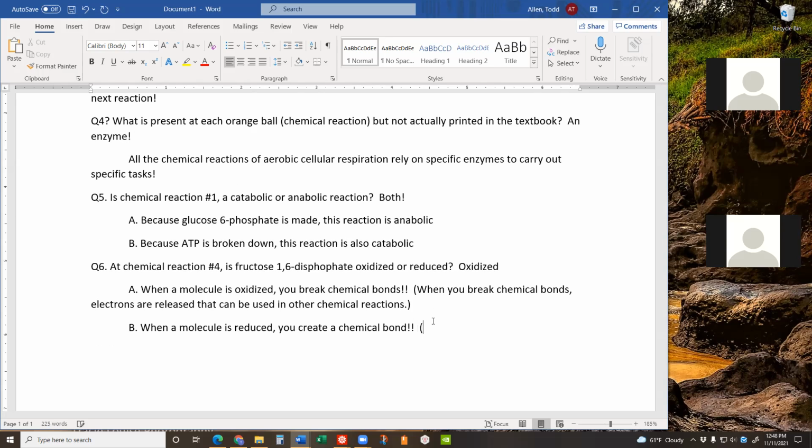For a chemical bond to be created, you need to provide a source of electrons to be part of that bond. Well, where are you going to get these electrons? Typically, you get it from another molecule that was just broken down. So you can see this interrelationship between oxidation and reduction. They kind of go together like peanut butter and jelly, like two sides of a coin. When you oxidize one molecule, you rip electrons off that then can be injected in another molecule to create new chemical bonds.